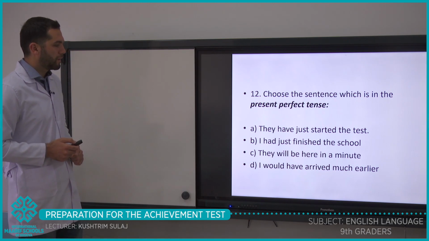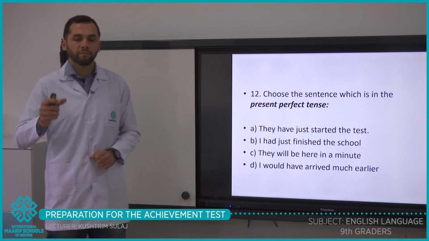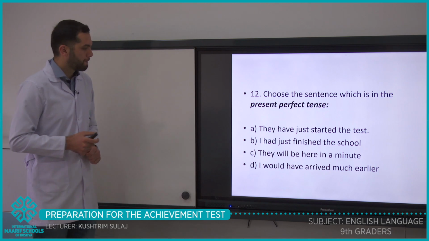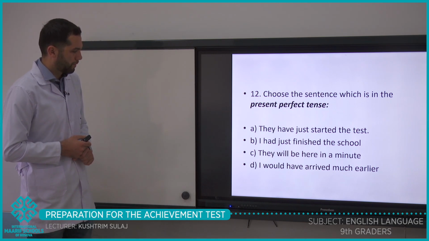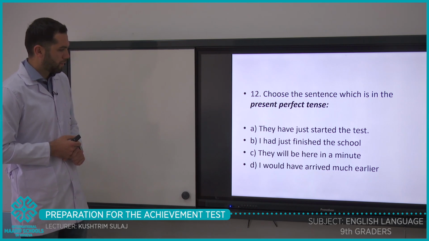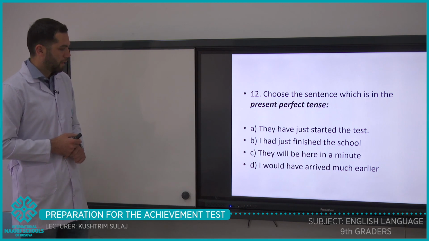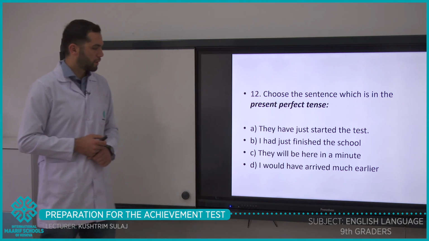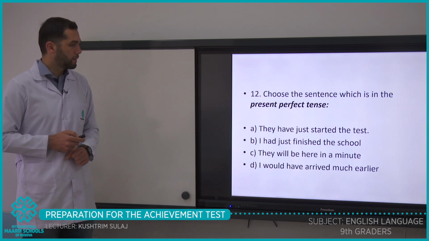Usually present perfect contains have and then the verb in past participle. The first one seems correct, and also the second one. So I am between A and B. The others, will and would, seem not correct to me, but let's see.